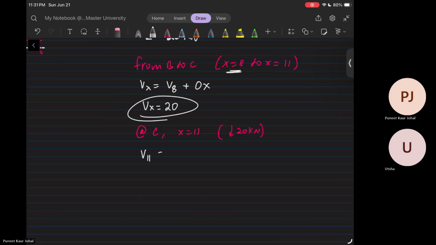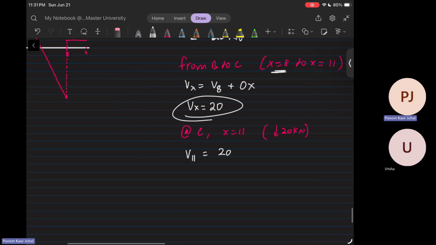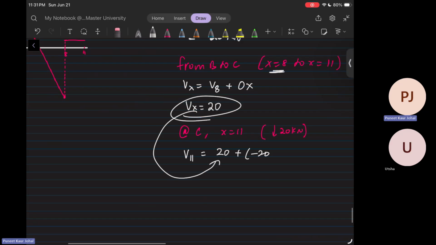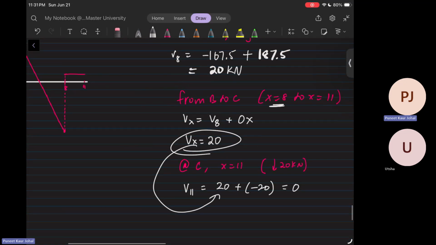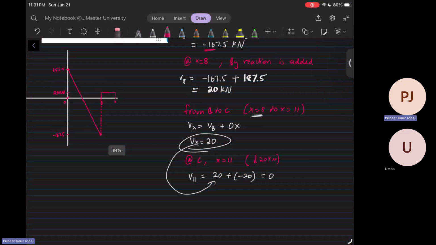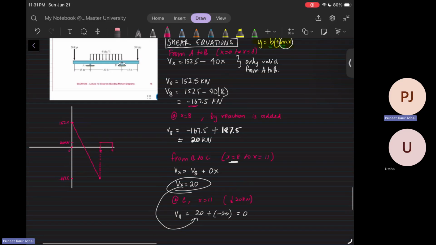Therefore, we'll start with this 20, and then we will add the negative 20 kilonewton force, which will result in the shear force going to 0. So in our diagram, we're going to bring it back to 0. Okay, so those are the equations for the shear force, and this is how the shear diagram is going to look.